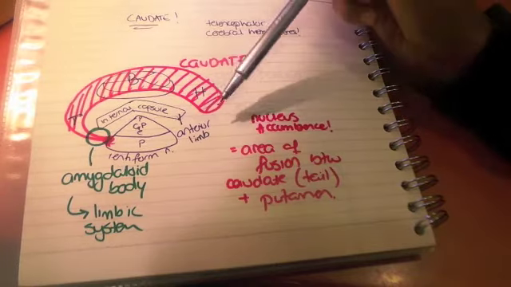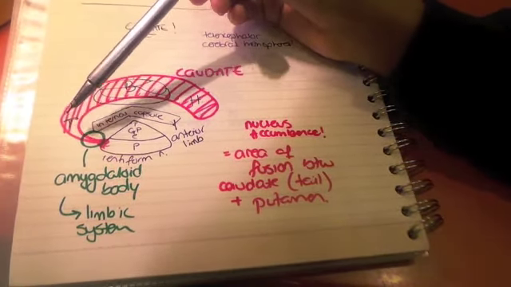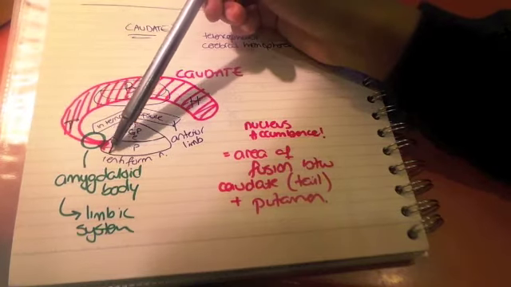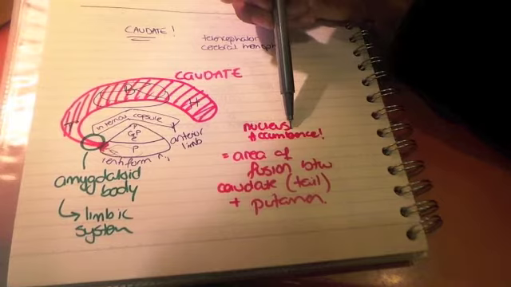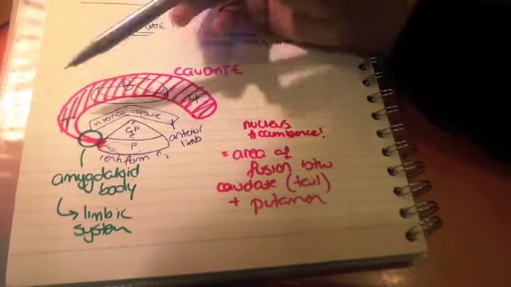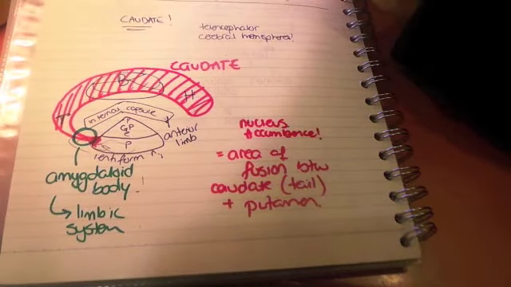So let's review. The caudate is C-shaped. It has a head, a body, and a tail. The point where the tail fuses with the putamen of the lentiform is called nucleus accumbens. And also the tail is attached to the amygdaloid body, which is related to your limbic system.